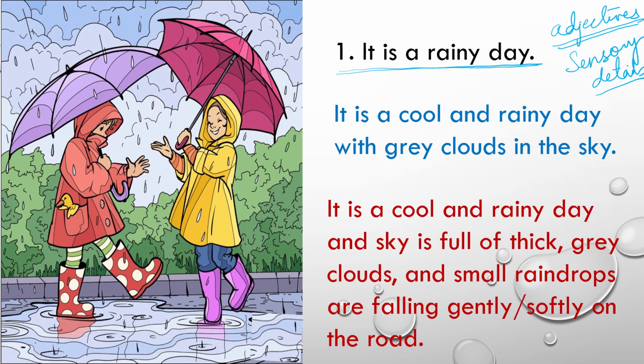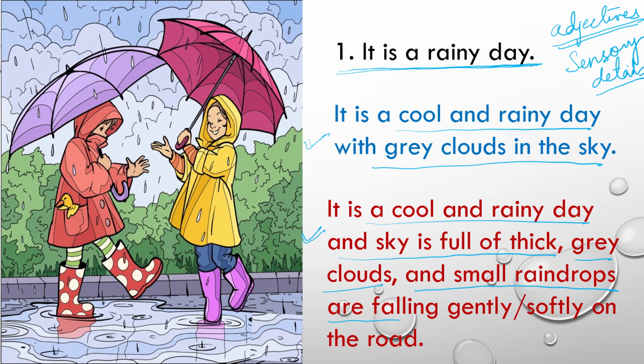Okay. So it is a rainy day. We can convert this into: it is a cool and rainy day with gray colors in the clouds. Or by more stretching or adding sensory details: it is a cool and rainy day and the sky is full of thick gray clouds and small raindrops are falling gently or softly on the road.